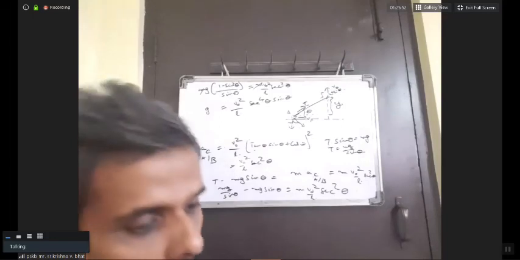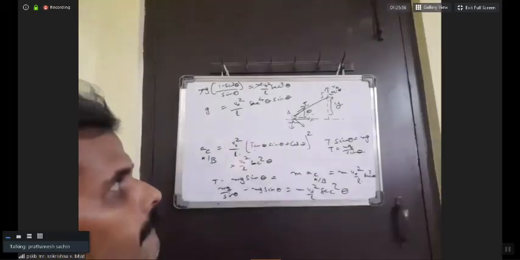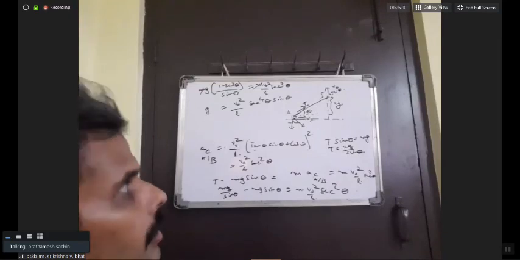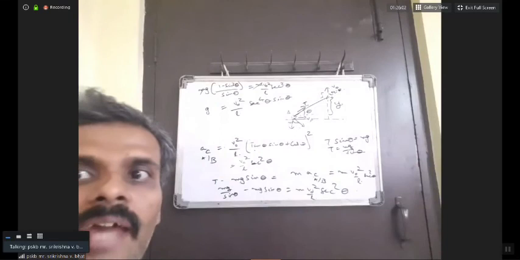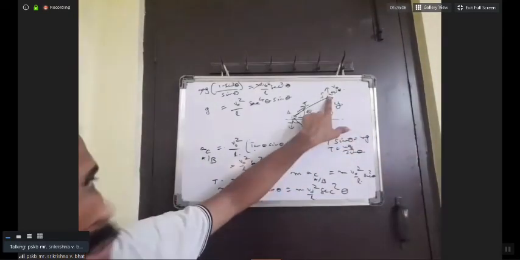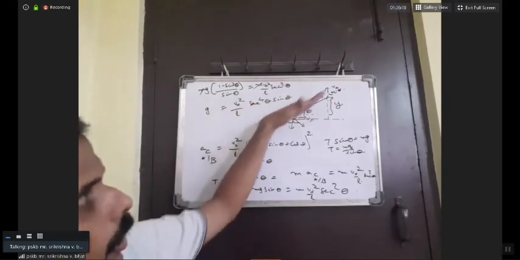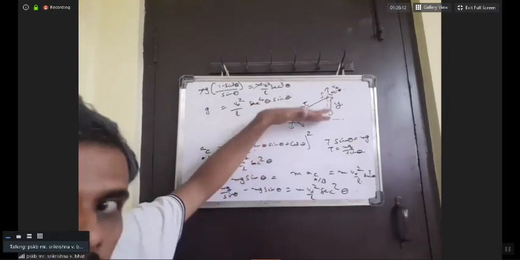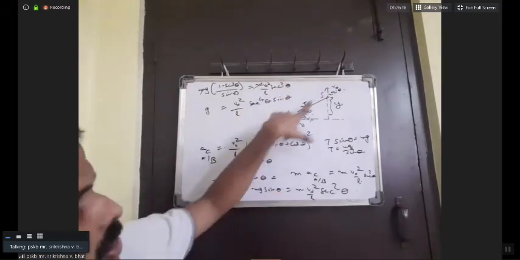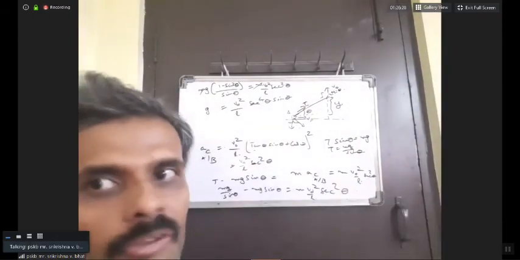Yes. Sir, even in reference frame of B, A is moving along horizontal, no, sir, because it has an acceleration perpendicular to string also, no, sir. Mg cos theta is the force, it has a tangential acceleration also. Yes, sir. In the reference frame of B, what you are trying to say is that as A has an acceleration with respect to B along the string, you are trying to take its component, and you are also correct in saying that acceleration of A with respect to B is also same as acceleration of A with respect to ground, because B is not accelerating.